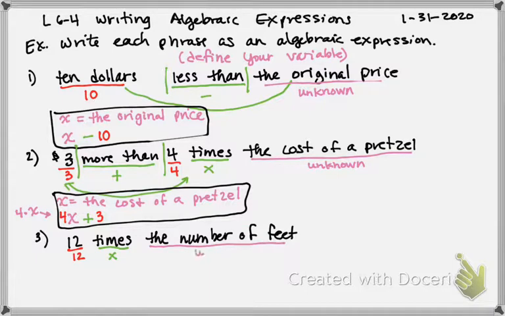That's our unknown. I don't see any switcher phrases. Times is just straightforward. So we define our unknown: x equals the number of feet. I take all those words, the number of feet. Everything is accounted for. Then I have 12 times the number of feet.